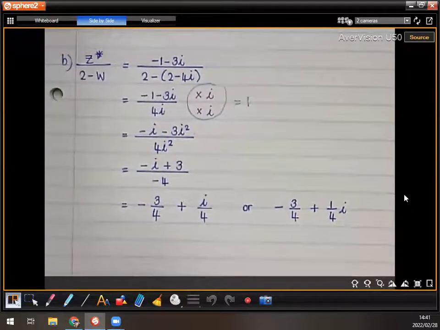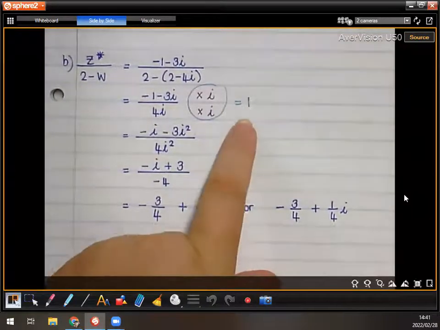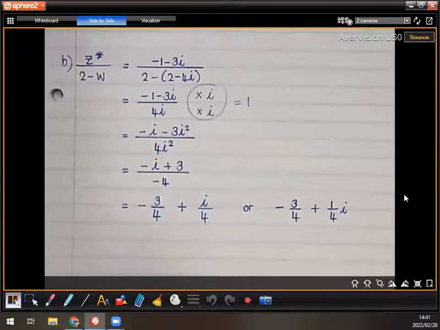Because when you multiply the top and the bottom by the same thing, you're actually multiplying it by 1. I don't think they explain that to you in the lower grades. They always say if you do something at the bottom of the fraction, you must do the same thing at the top. But this is why. Because when you multiply a fraction by the same number at the top and the bottom, you're actually multiplying it by 1.